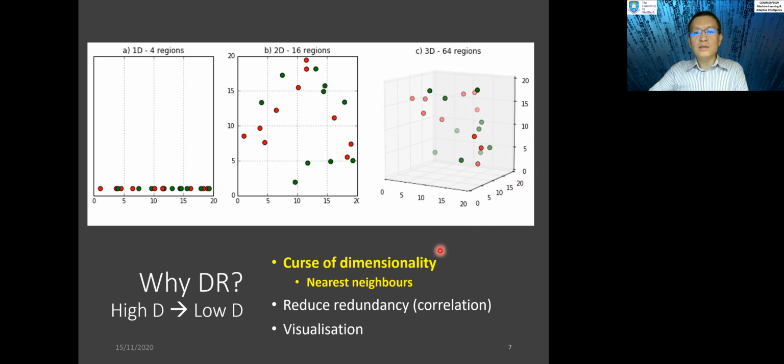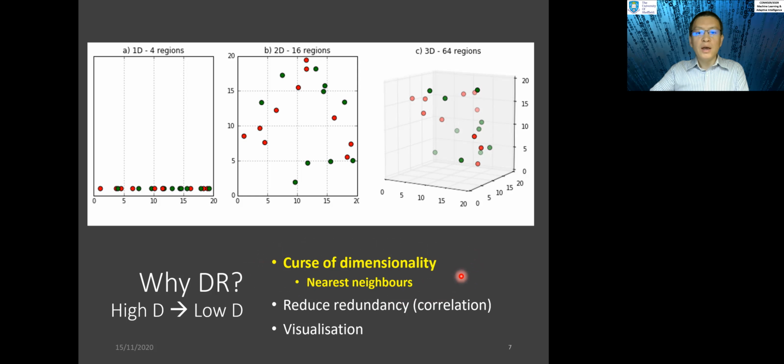Right, so that is the curse of dimensionality. So in high dimensional space, it's more difficult to deal with the data, to differentiate the data. So that is the fundamental reason for dimensionality reduction.